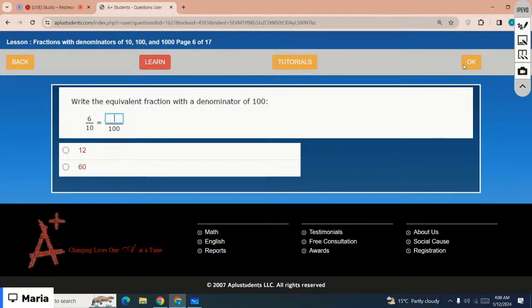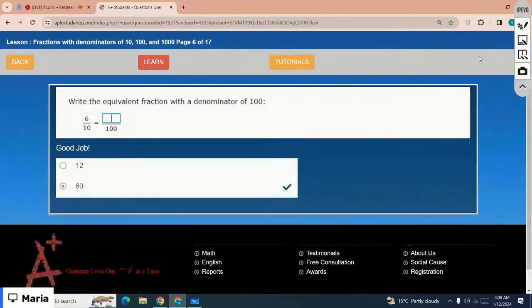Write the equivalent fraction with the denominator of 100, which is the correct option? Very good, the correct option is 60, that is 60 over 100.